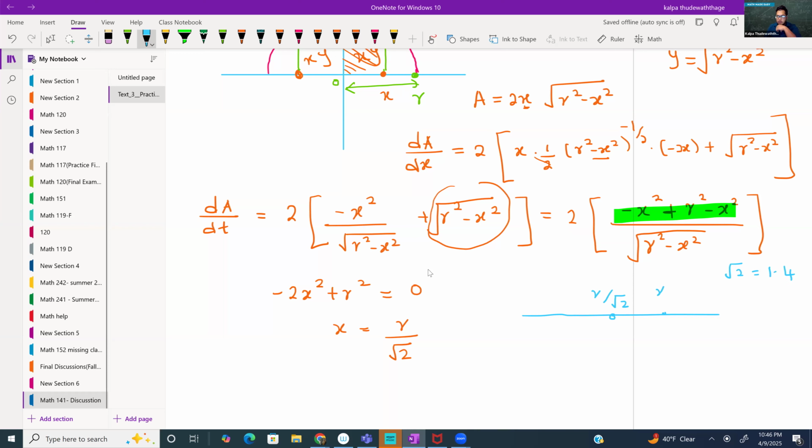So if I plug in 1.5, so it's like 3 over 2, you can put it like 2r over 3, which is greater than r over root 2. Here you can put something like 1/3, which is less than that.